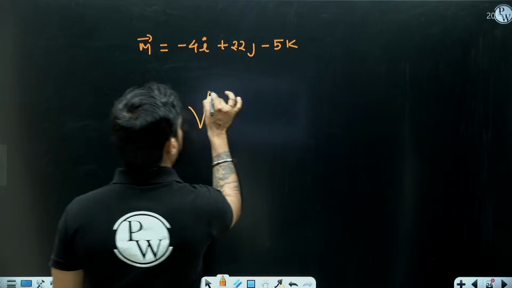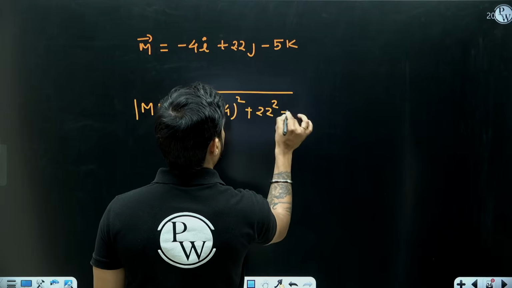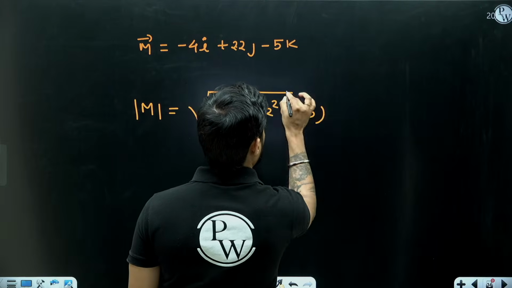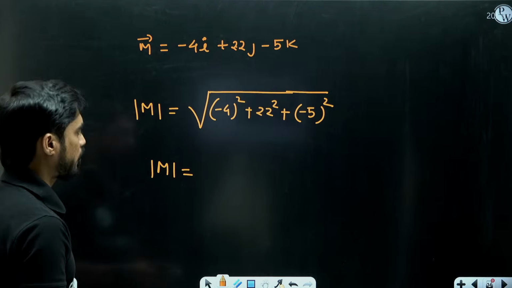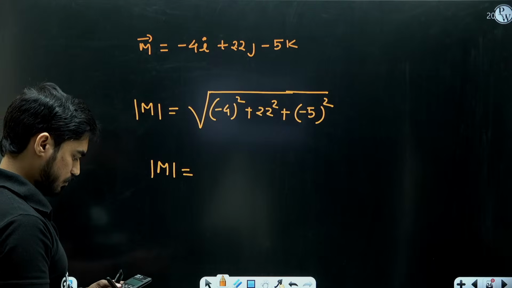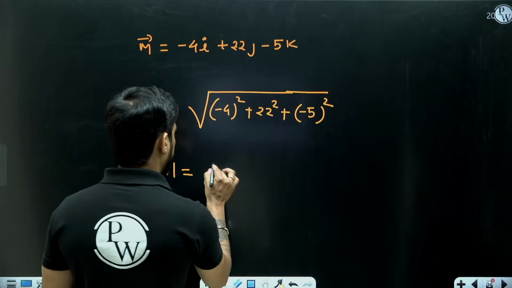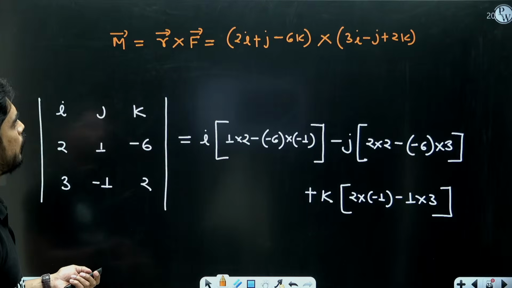We need to find the magnitude. So it will be the square root of minus 4 square plus 22 square plus minus 5 square. So how much is the magnitude of the moment? I am getting 22.91. Now the force vector was in kilonewton, right?